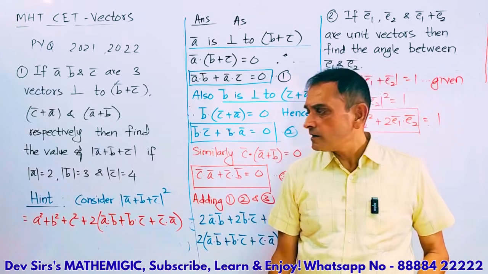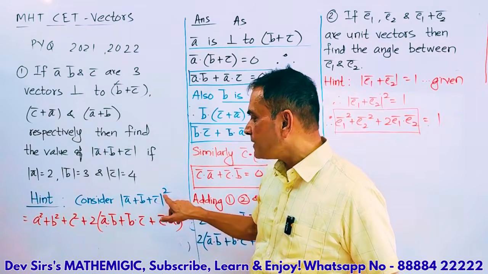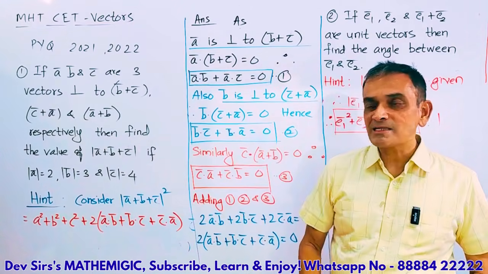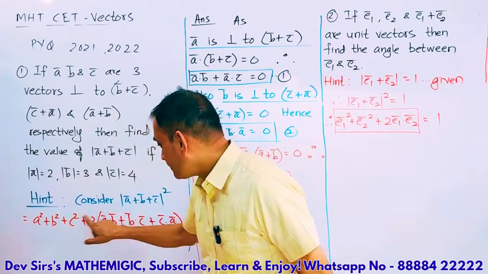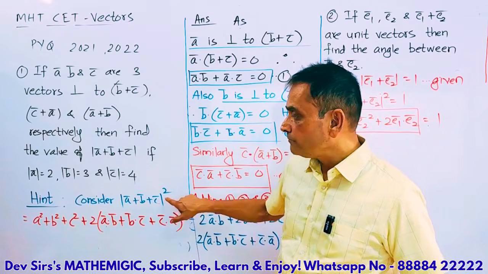In the same way, if you consider magnitude of A bar plus B bar plus C bar bracket square, remember now these are vectors. So formula says it is similar to the earlier one. A squared plus B squared plus C squared, तीनों का square लेना है.